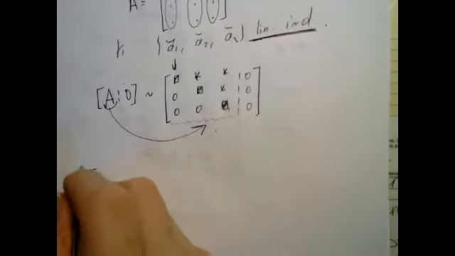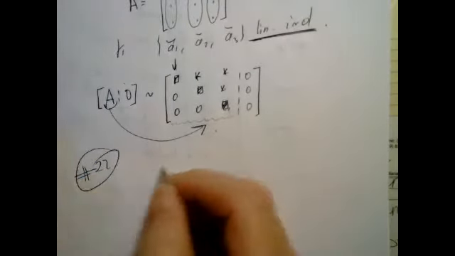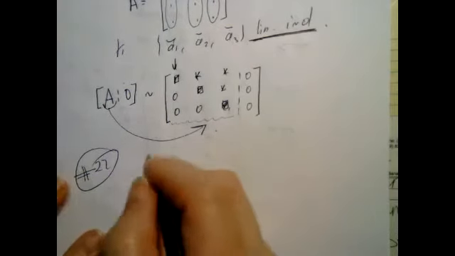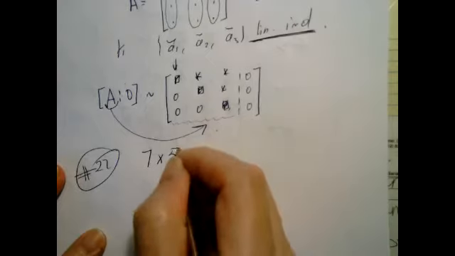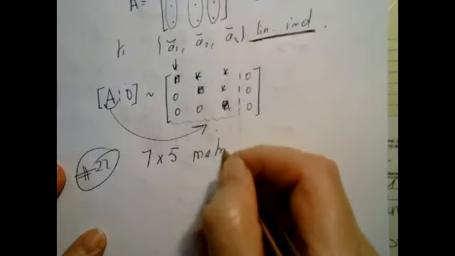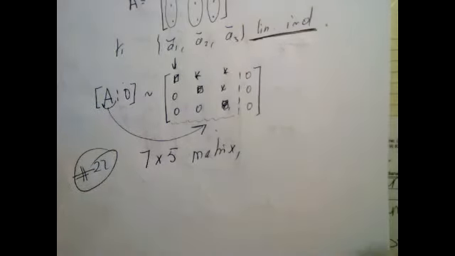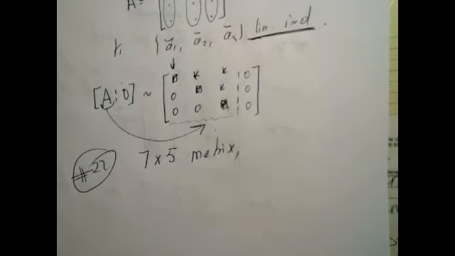So let's look at another one, number 27. Suppose we have a 7 by 5 matrix. How many pivot columns must a 7 by 5 matrix have if the columns are linearly independent?